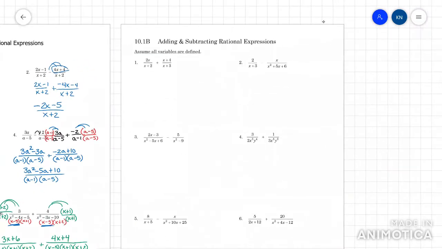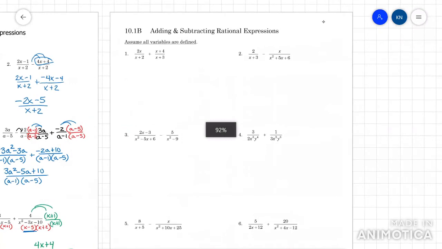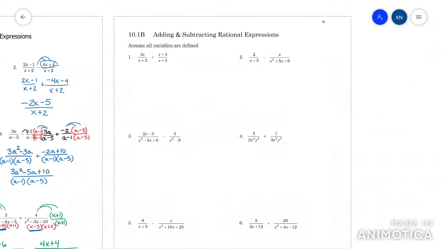Okay, this next page, it's going to be very similar, but I think the difference here is they're going to want you to simplify once you're done. So I'll show you what I mean. But let's go ahead and get started. Get your common denominators, which you should be kind of better at seeing now. And again, here you have a binomial times a binomial, so you'll have to run FOIL.